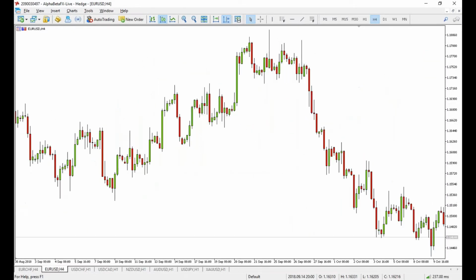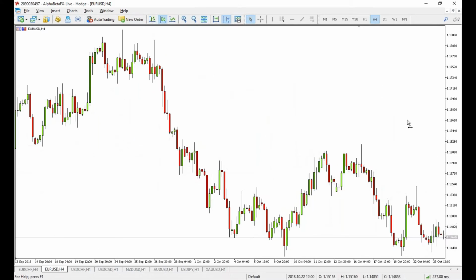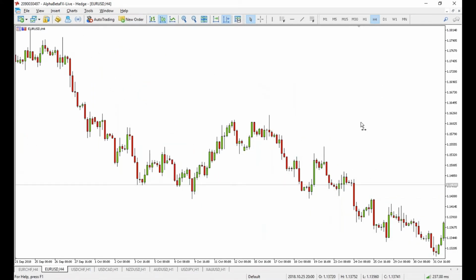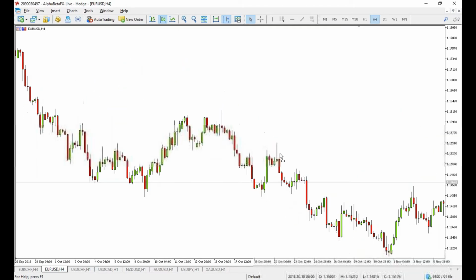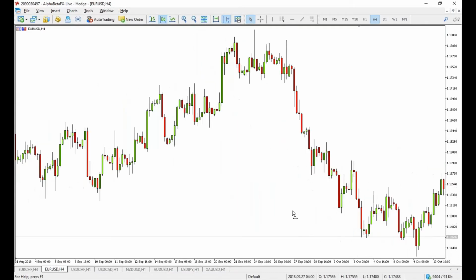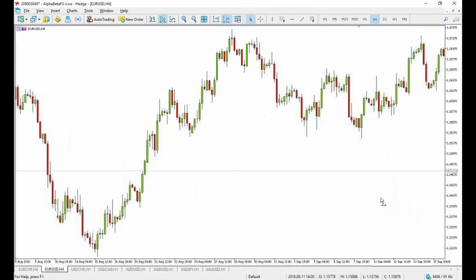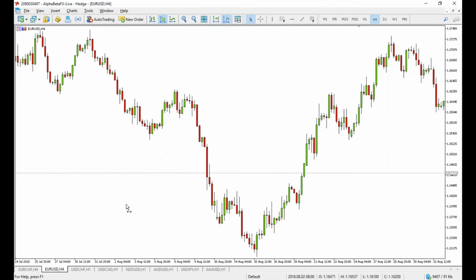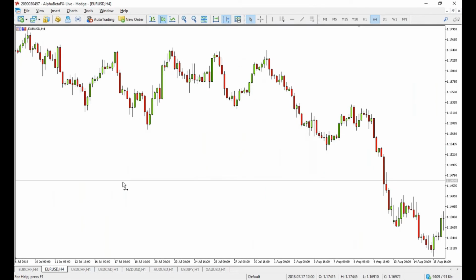Let's see if we find one. A large drop and a baby candle should be generated. It should be a very classical example, which will be good to understand. Okay, we didn't find one in this EUR/USD chart.